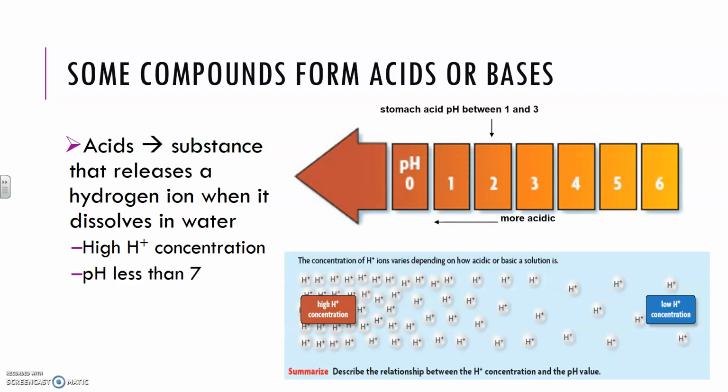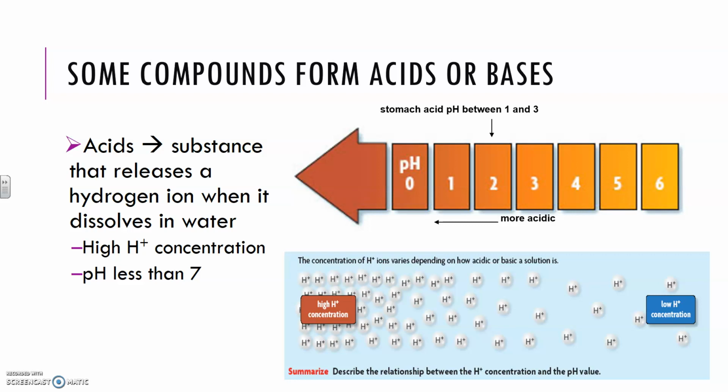So acidic concentrations are pH 0 to 6. Okay, so 0 is the most acidic, with 6 being only slightly acidic.